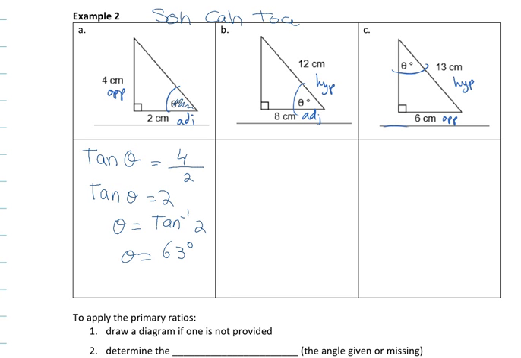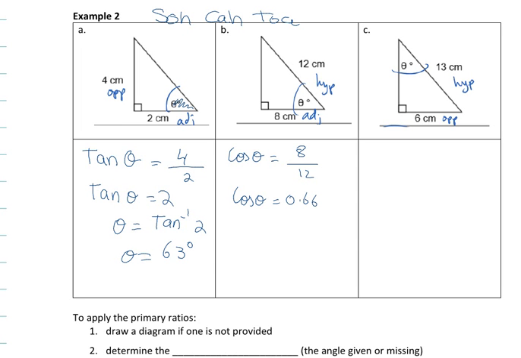So I will set it up as cosine theta equals adjacent, which is 8, over hypotenuse, which is 12. What's 8 over 12? 0.666.